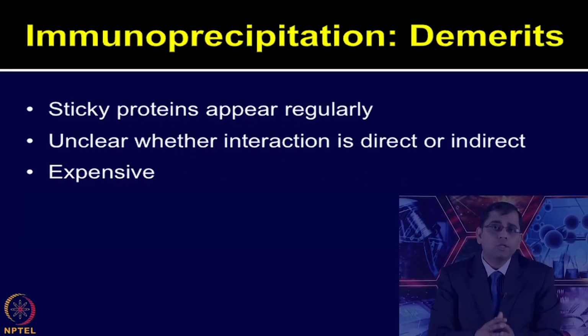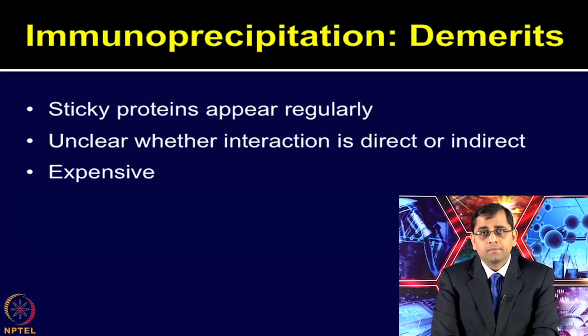What are the different demerits of using the IP method? It has been reported that sticky proteins may frequently be picked up. Proteins which are not specific could also be eluted out because they are sticky on the protein surface.